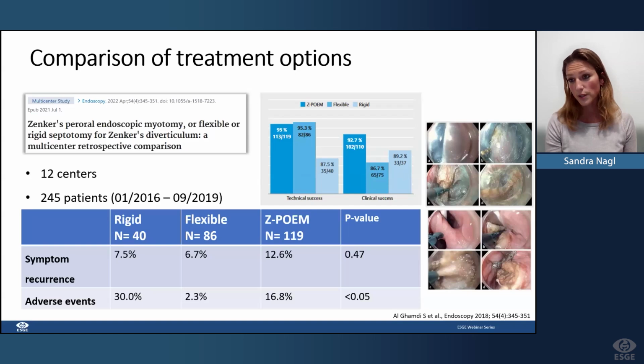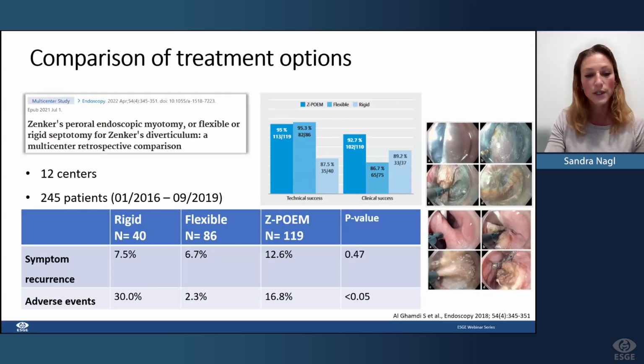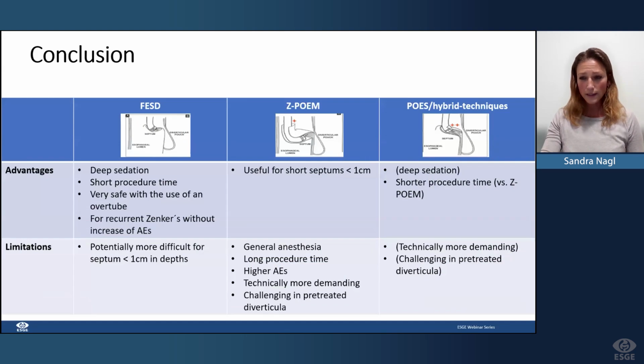The rigid approach was associated with the highest adverse events, followed by SEPTOM, and flexible endoscopic septotomy was only associated with 2.3% of adverse events.